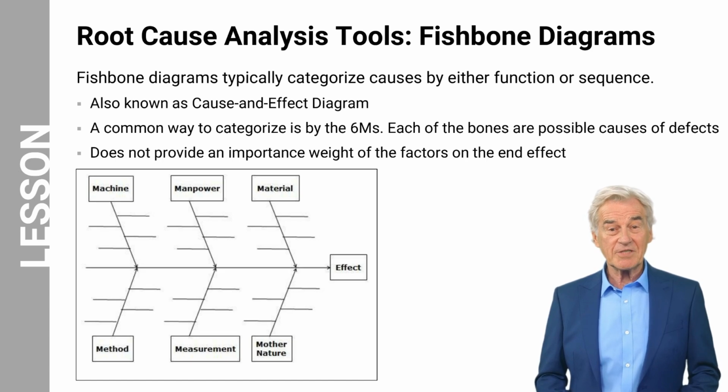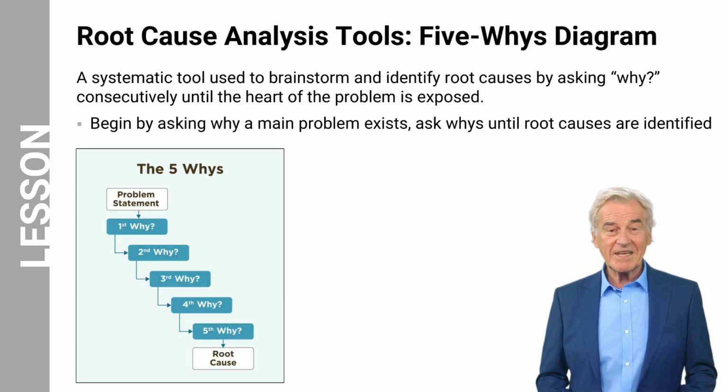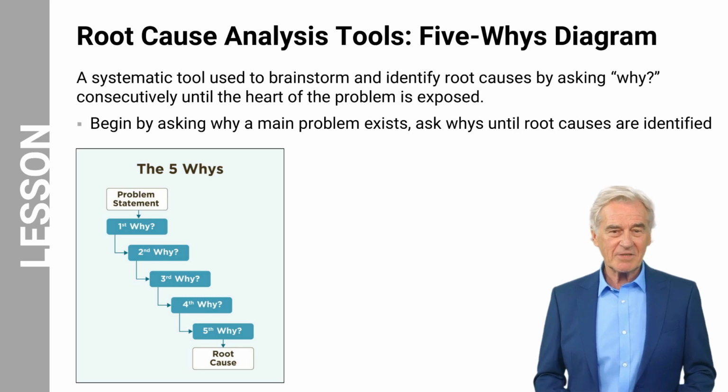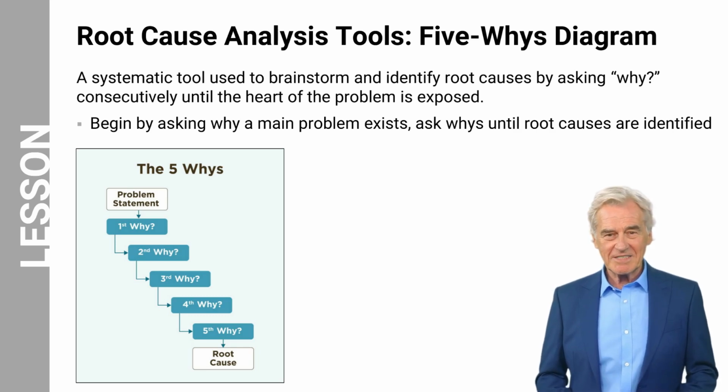One downfall of the fishbone diagram is that it does not provide an importance weight of the factors on the end effect. A 5 whys diagram is a systematic tool used to brainstorm and identify root causes by asking why 5 times consecutively until the heart of the problem is exposed.